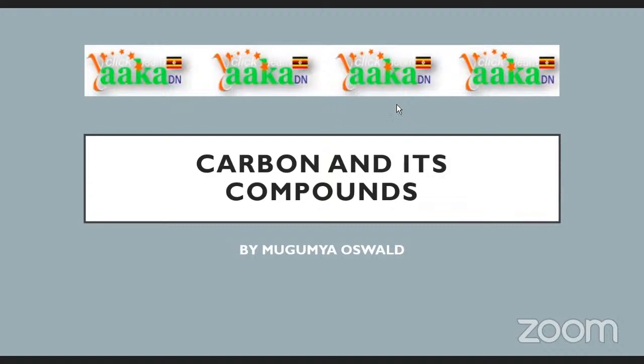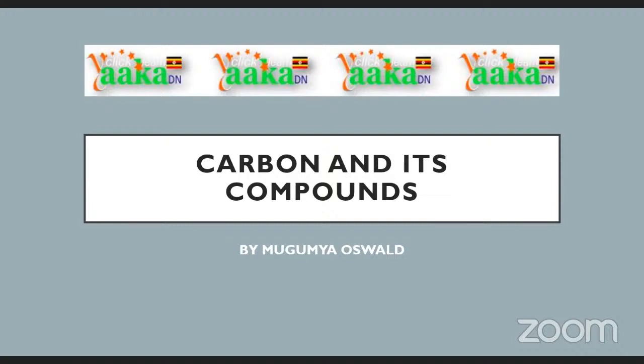So dear members, today we are going to look at a topic called carbon and its compounds. This topic cuts across. In some schools, it is done in senior 2, third term. In some schools, it is done in first term, senior 3. And in some other schools, it can also be done in senior 4. So it cuts across from senior 1 to senior 4.